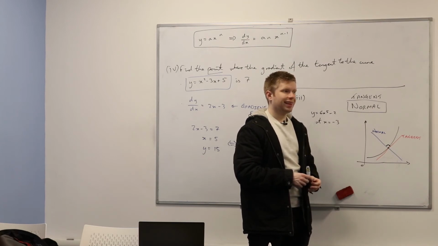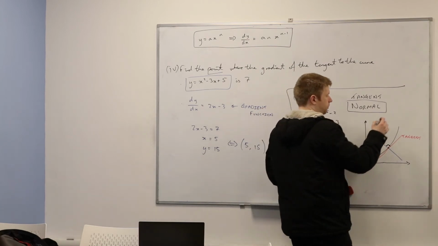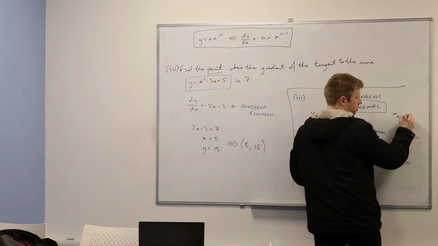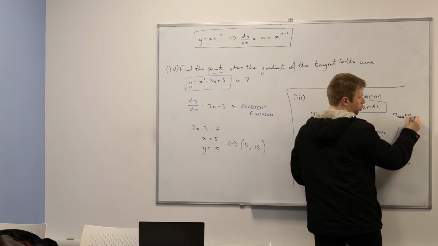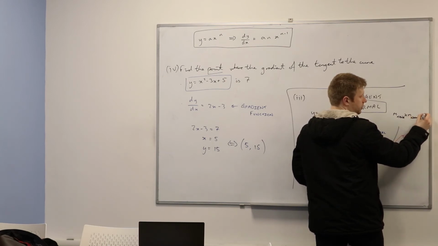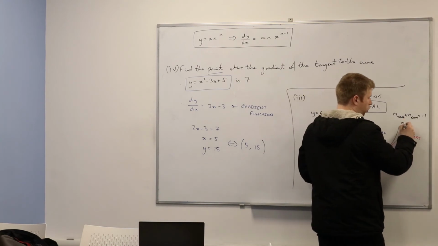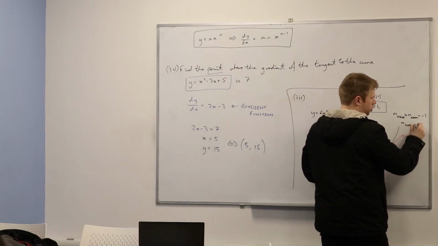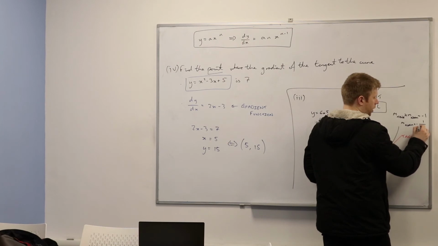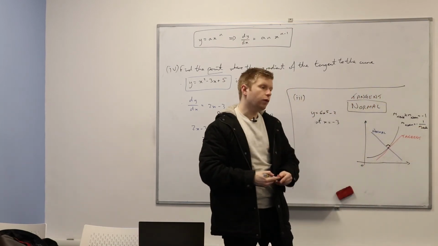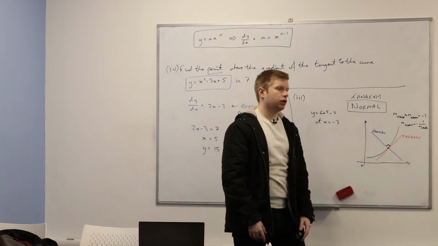The gradient of the tangent multiplied by the gradient of the normal should make -1. Or the gradient of the normal should be -1 divided by the gradient of the tangent. In other words, they're negative reciprocals of each other. So if we know the gradient of the tangent, it's really easy to find the gradient of the normal.